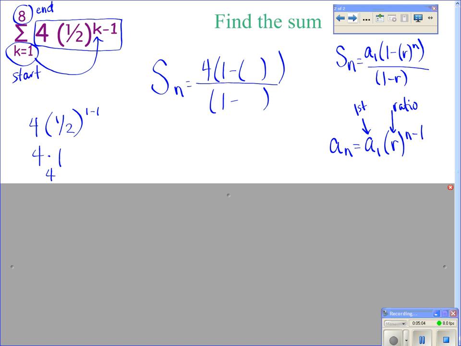So what should we put here? The ratio, which is 1/2. So 1/2 goes here, 1/2 goes here. The only thing we have left is how many terms we're adding up. So if you look at the sigma, if we're starting at 1 and going all the way up to 8, how many numbers is that? 8. We put in 8 here.